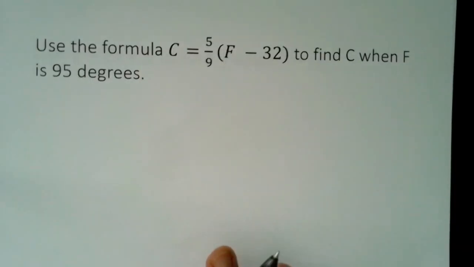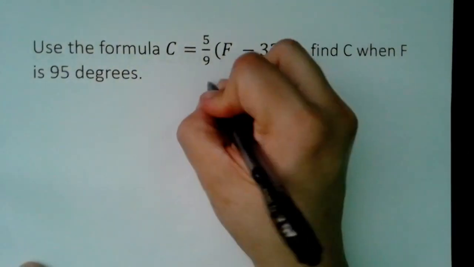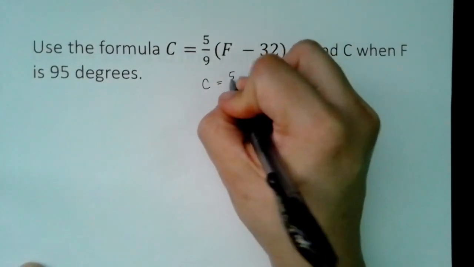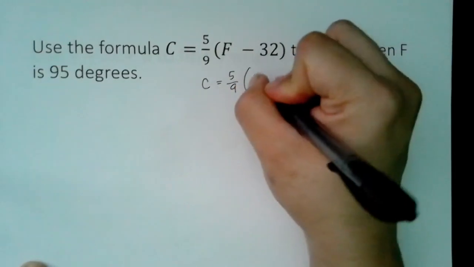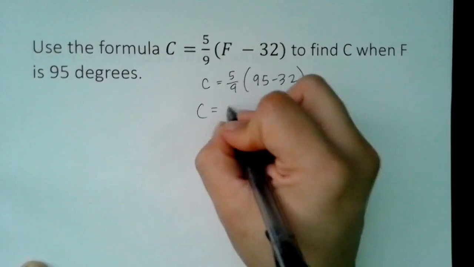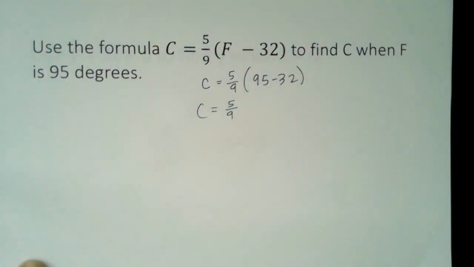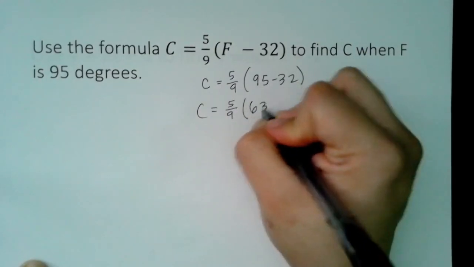It says here, use the formula C is equal to 5/9 of F minus 32 to find C when F is 95 degrees. So basically we're just going to plug in here. We have C is equal to 5/9 times 95 minus 32, and 95 minus 32 is going to be 63.